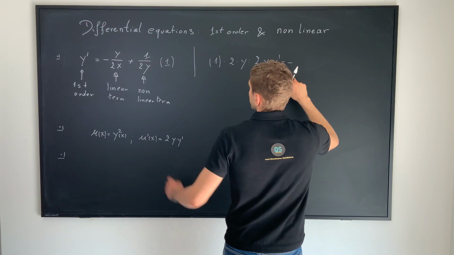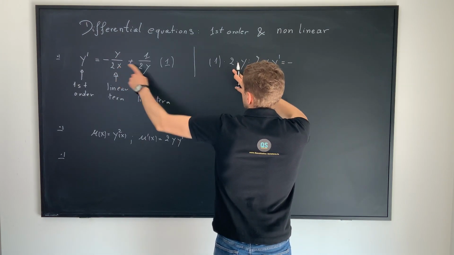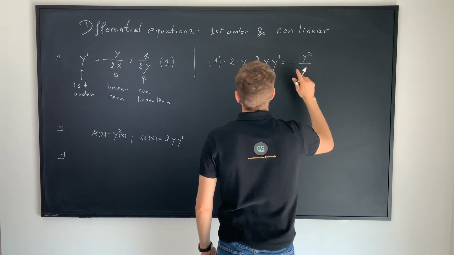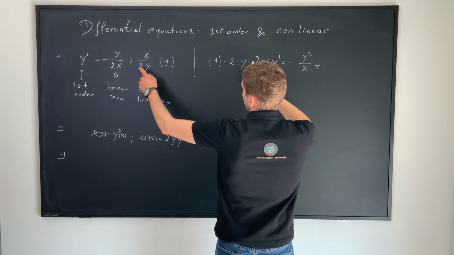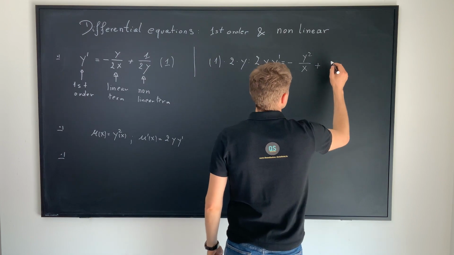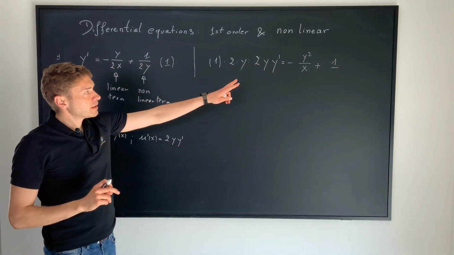So the factor 1/2 will disappear with this 2. So what we obtain is y to the power 2, y squared over x plus, and here actually the term 2 times y will disappear, so we will end up with a 1.